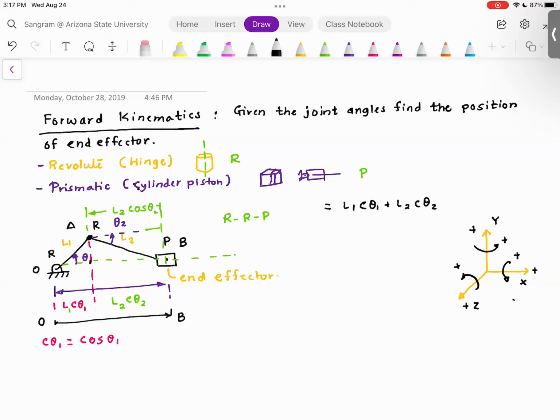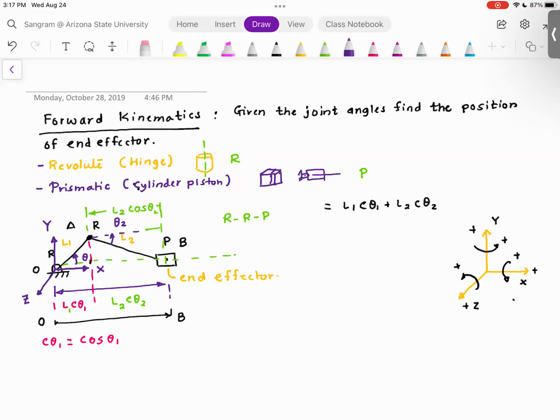So now what I'm going to do is I'm given this mechanism or sort of this simple robot. This robot is an RRP robot, and I want to assign a coordinate system. How do I assign the coordinate system to this RRP robot? The best thing is start with the first joint. Start with the easiest stuff. I'm going to call this X. I'm going to call this Y. Clearly, my Z is coming out like this.